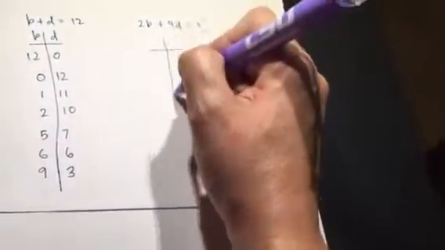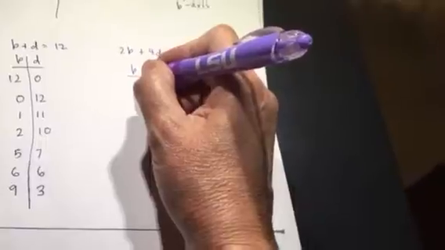2B plus 4D equals 30. So, B and D. Well, if B is 1 boy, what could be? B might be 0 boys. Let's plug in 0 just for fun.